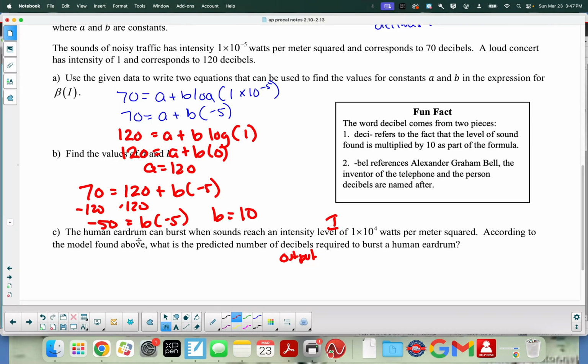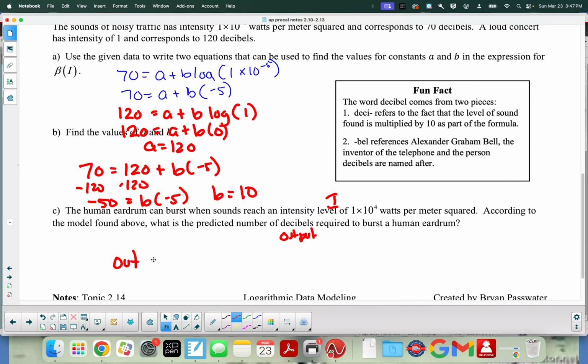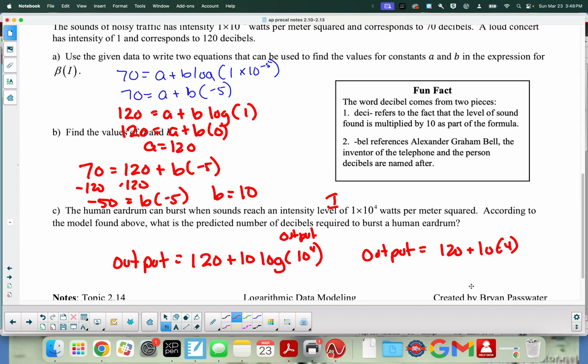So the output, or B of I, equals, we now know what A and B are, 120 plus 10 times the log base 10 of my intensity, 1 times 10 to the fourth, which is 10 to the fourth. So log base 10 of 10 to the fourth is just 4. So your output is actually 120 plus 40, so your output is 160 decibels.